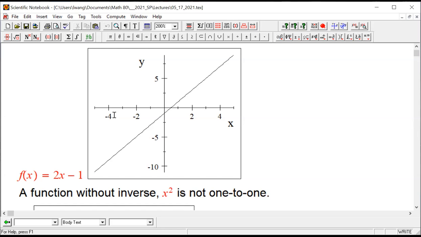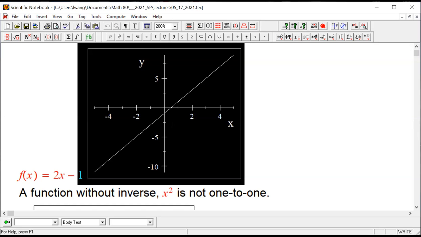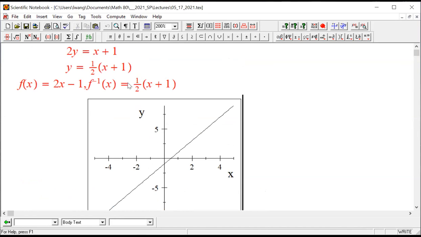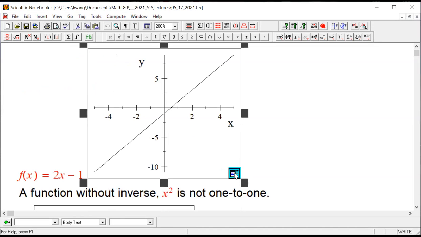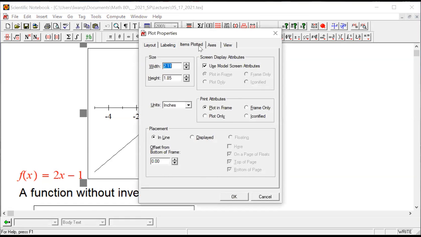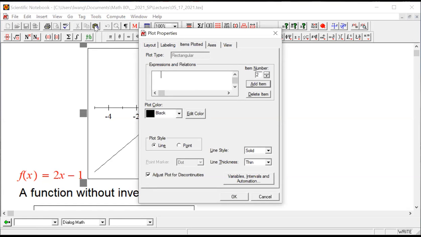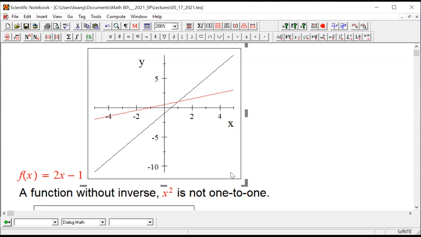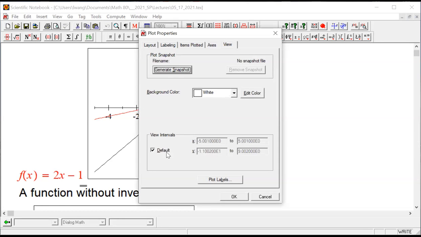All right, so this function has an inverse, and we actually found the inverse. If I draw this inverse function along with the given function in the same picture, what do we see? I make it red. That's the inverse. If I adjust the scale, I make it -5 to +5.